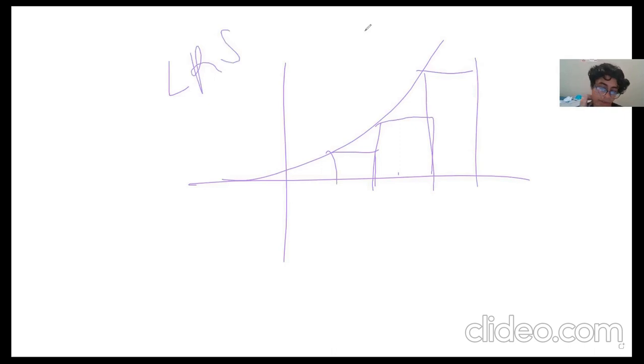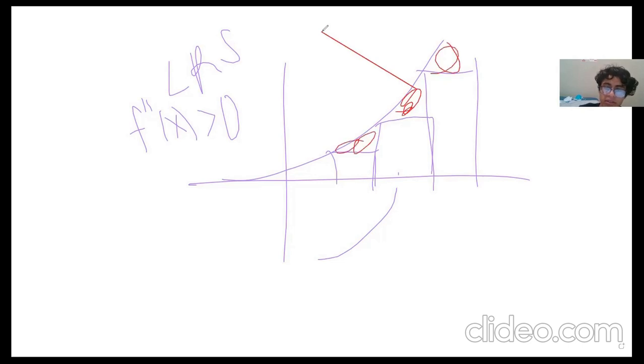Well, if the curve is concave up and you're using left Riemann sum, it's going to be an under approximation because, you know, you're missing out on a lot of area. This is your error, right?